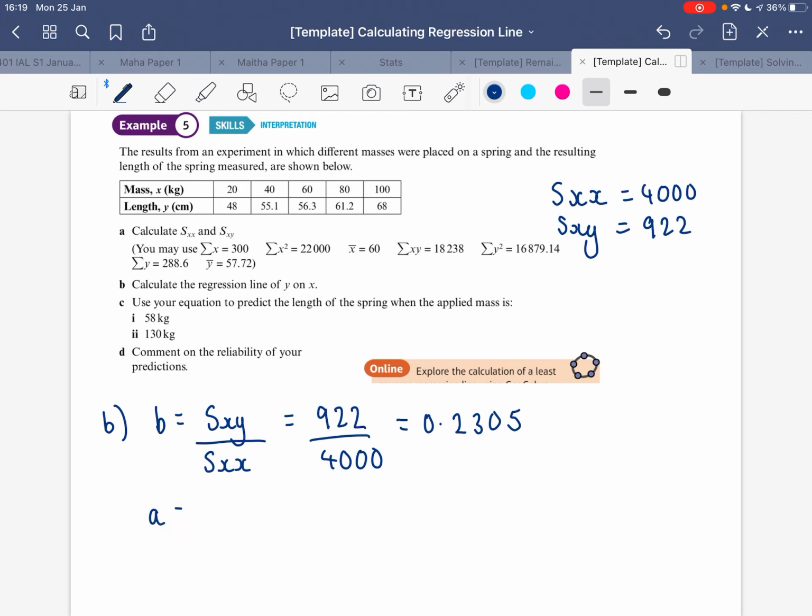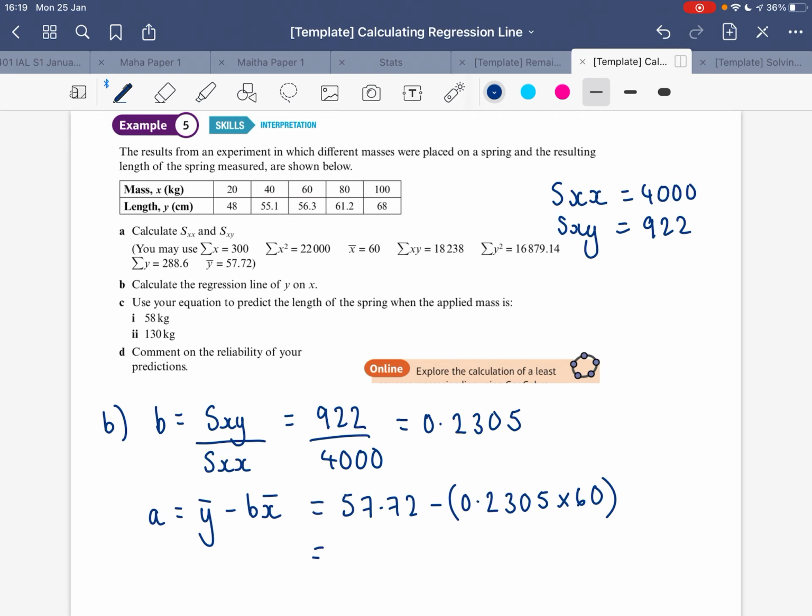a is equal to y bar minus b x bar. y bar is 57.72, b is 0.2305 and x bar is 60, so times that by 60.